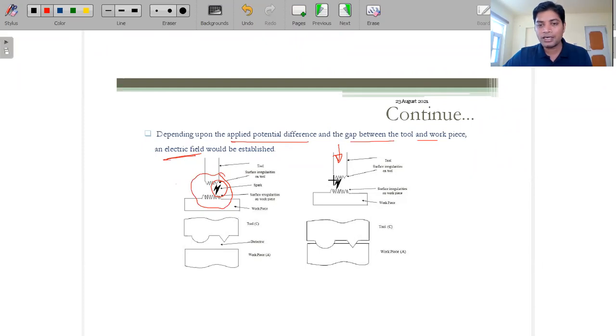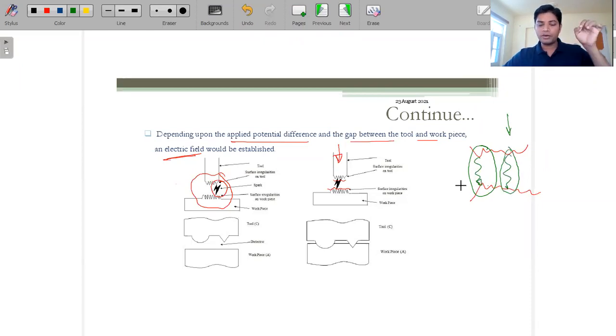Now these irregularities will be there on both sides, from the workpiece and the tool side. For example, here we can see that this is the minimum gap, so the first spark will be generated over here. Now as you move toward this side, we can see that this is the minimum gap, so the next spark will be generated over here, and that will remove the material.